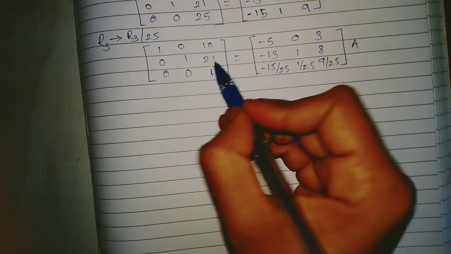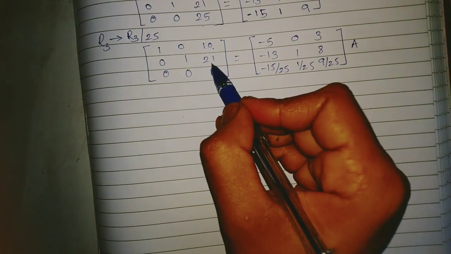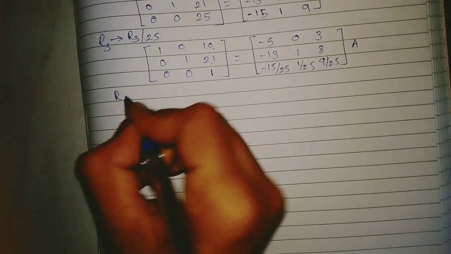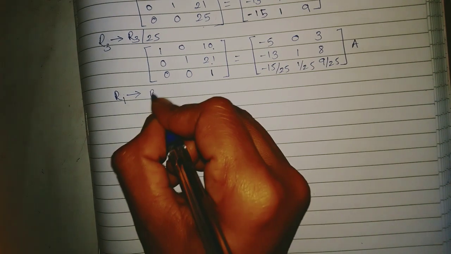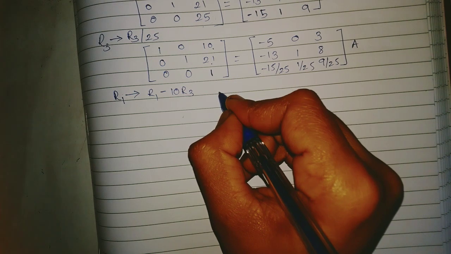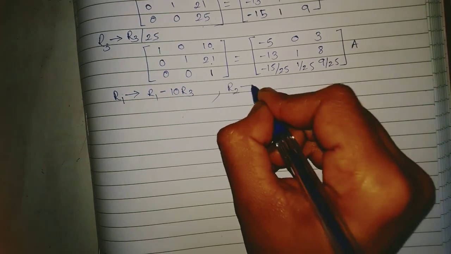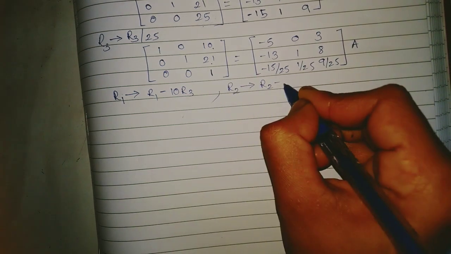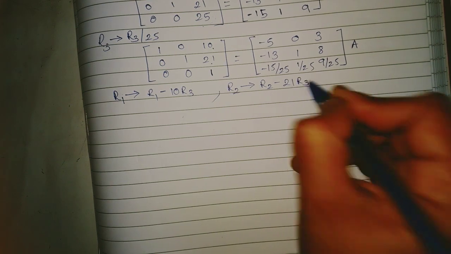Now you have to make these two zeros, so you have to carry out operation on R1 minus 10 R3 and R2 minus 21 R3.